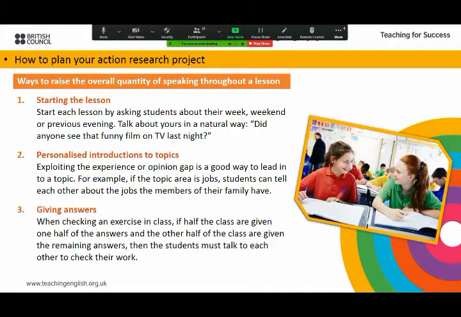For example, if the topic area is jobs, students can tell each other about the jobs the members of their family have. And giving answers: when you're checking an exercise in class, if half the class are given one half of the answers, and the other half of the class are giving the remaining answers, then the students must talk to each other to check their work.